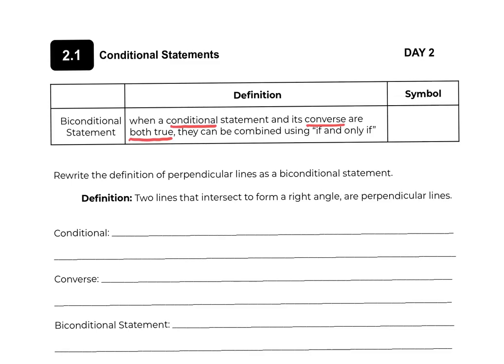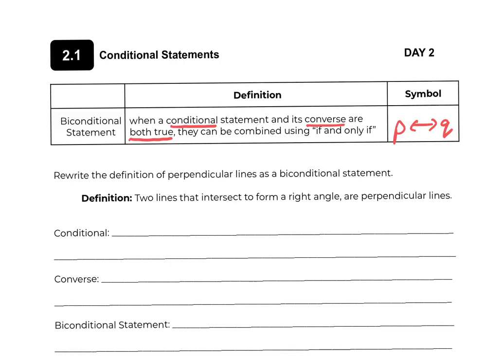If they're both true, then we are going to combine those two statements together with the words if and only if. I'll show you how we're going to do that. The symbol that we use for this is P implies Q, Q implies P. I call it a two-way street, right?